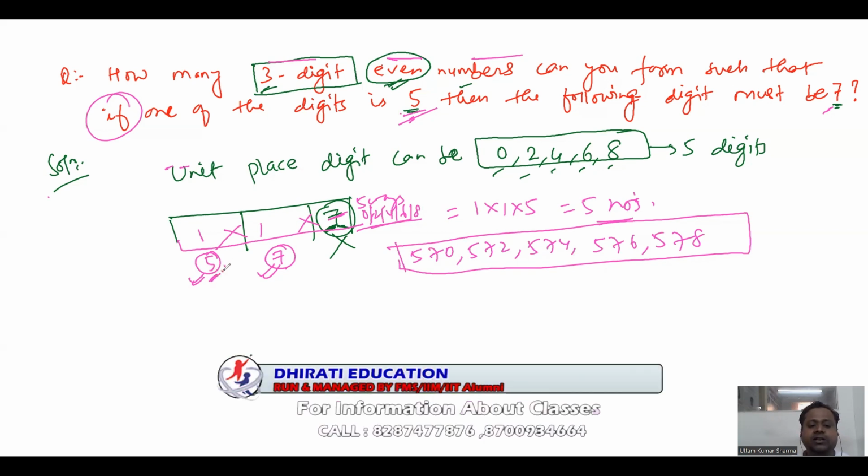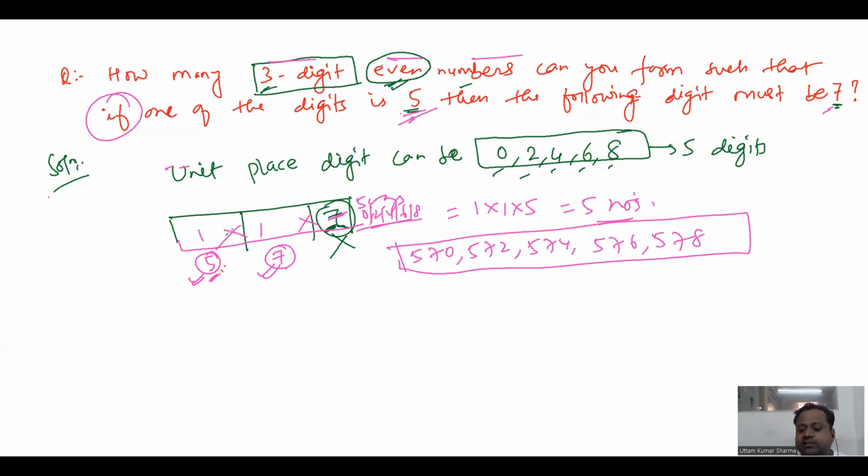If I'm not taking 5, I can still form a three-digit number, and it will be even if I end the number at the unit place with these digits. How many such numbers can be formed? Try to understand this very carefully. If you don't understand, pause the video and listen carefully. I have described each and every small point that is required.